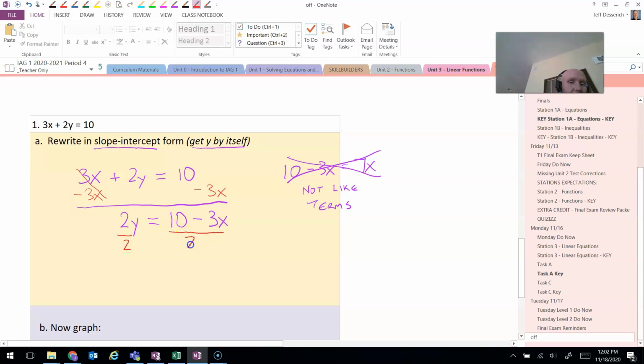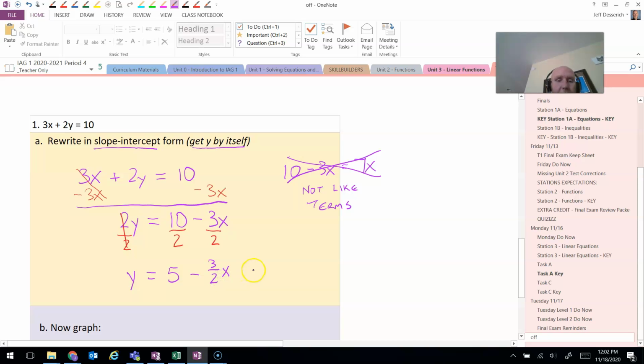You can either think about it this way, or what I do is I just divide each term by 2 here. So the 2 cancels out there. We're left with y equals 5 minus 3 halves x.